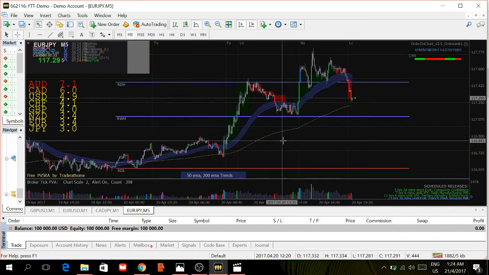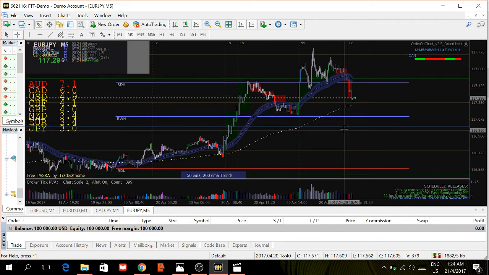When you go to this dark blue line there, this one would be 117,000. This one we call a whole number. When it finishes with 000, we call it a whole number. So a whole number is also a key level, all right?